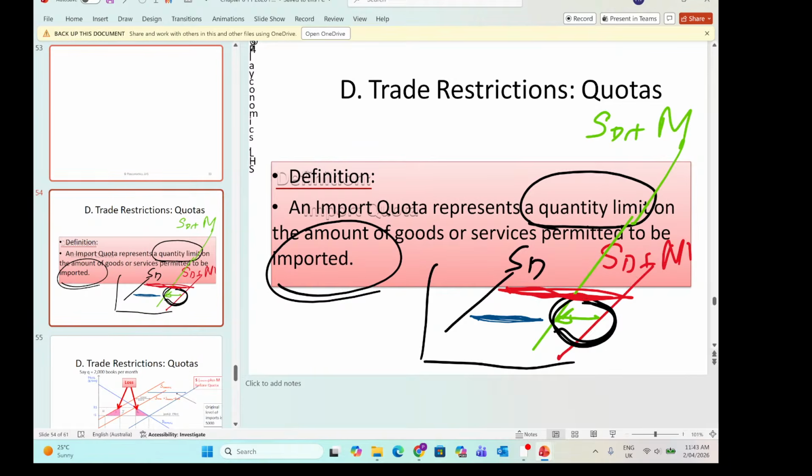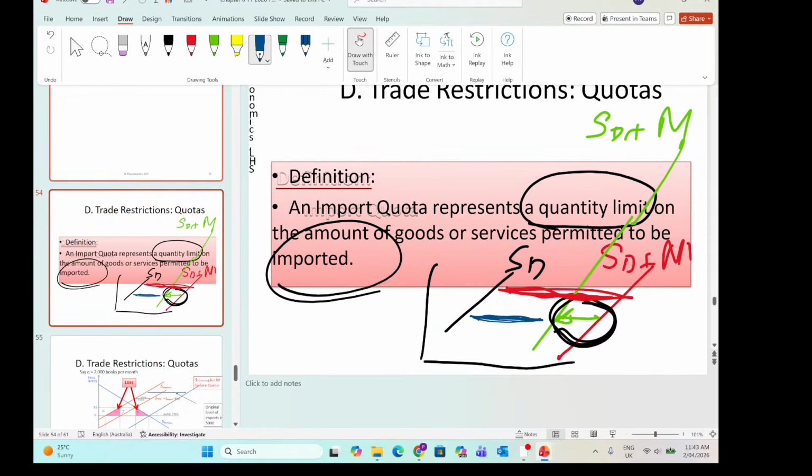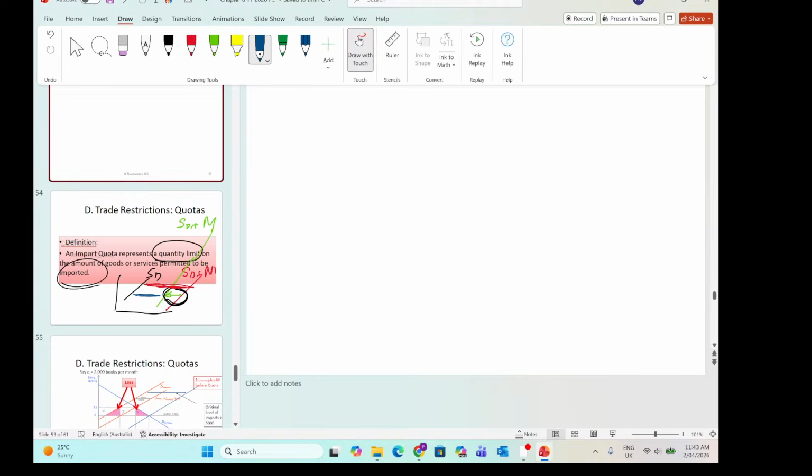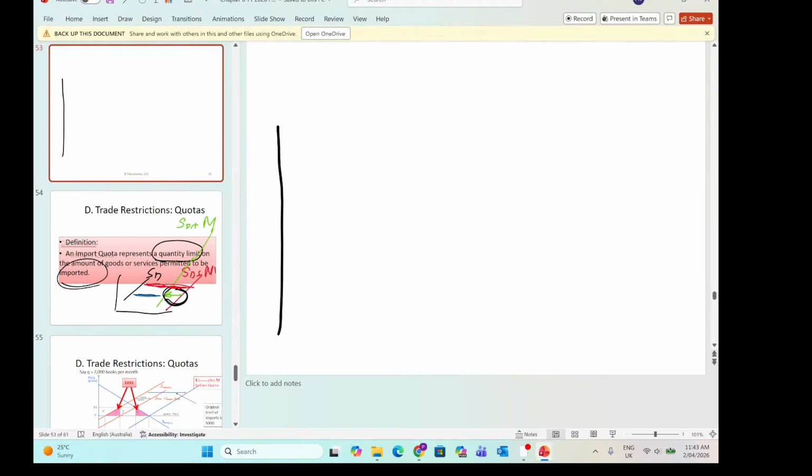Before we move forward here, I want you to think for a moment, just to revise what we did the other day. I'm doing this so you can visualize more easily how this quota is going to work. You'll remember the other day, we've got price axis and quantity axis.